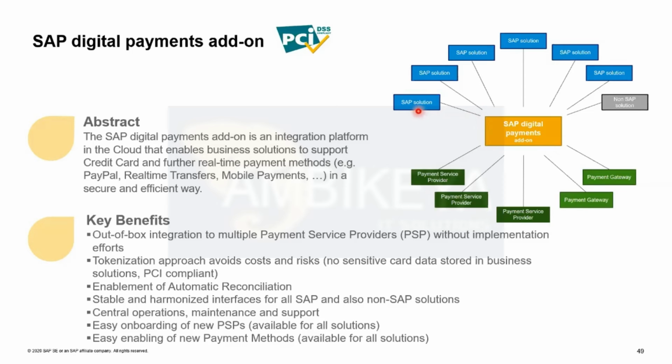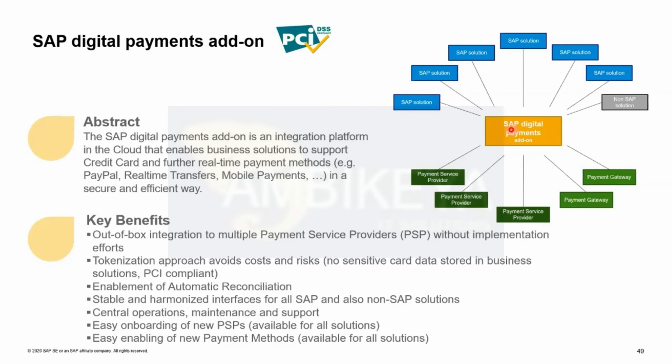So first thing is, FICA and convergent invoicing are integrated with the SAP digital payment add-on. And as soon as an application is integrated, it can be reused for all those payment service providers which the digital payment add-on is integrated with. So it's easier to get further payment service providers onboarded, so to say.